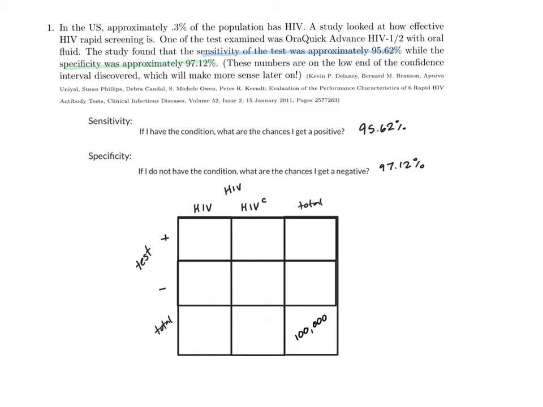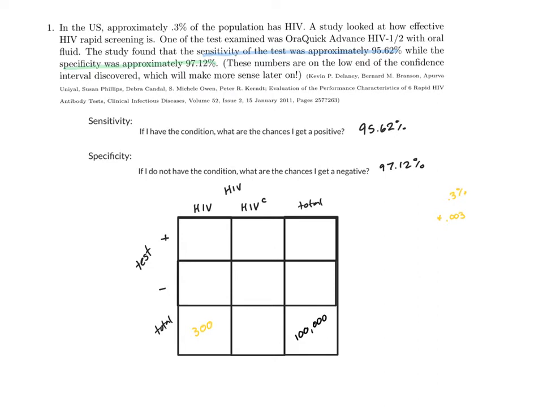So what I need to do is take 0.3% of 100,000. To do that, I'm going to take 100,000 multiplied by 0.3% as a decimal, which is 0.003. So once again, that's 0.3%, and we divide it by 100 to convert it to the decimal place, so 0.003. Multiplying these together then, I get a total of 300 people out of my 100,000 who would actually have HIV.